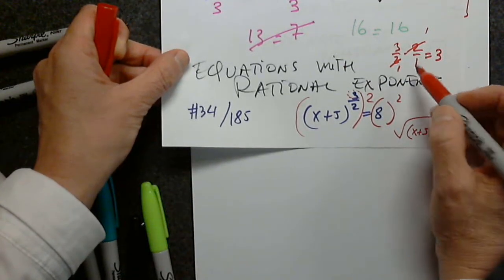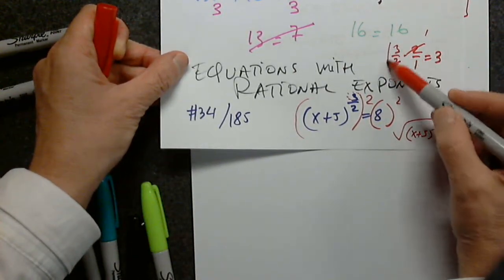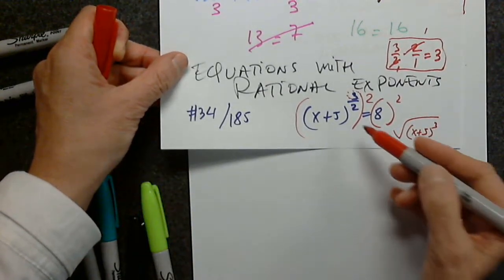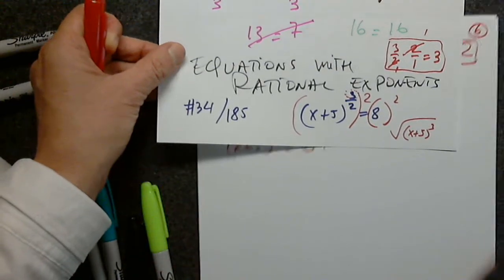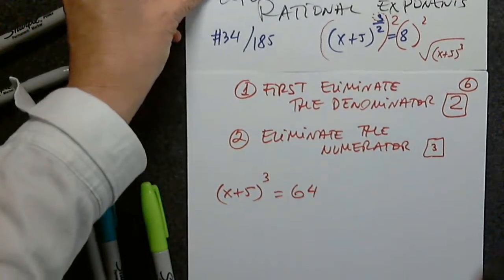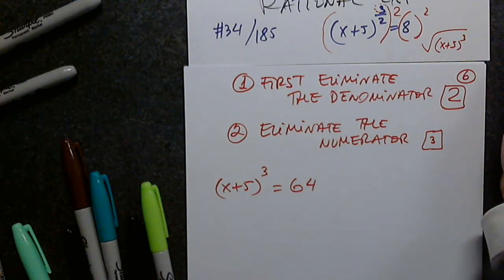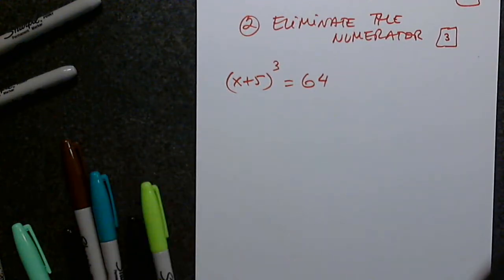If you write this down on the side, then you will not forget where the 3 came from. Just a suggestion. And then 8 squared is 64. Is this okay now, everyone? Yes? Okay, perfect.